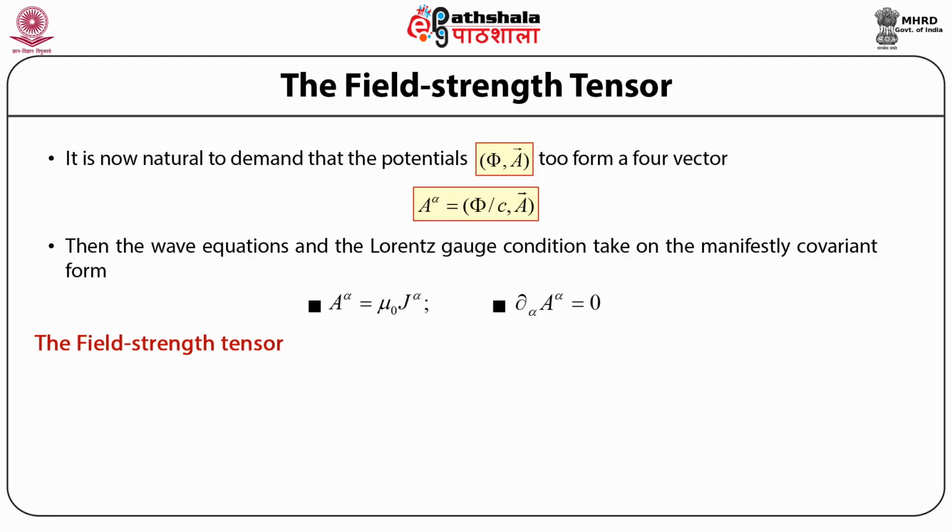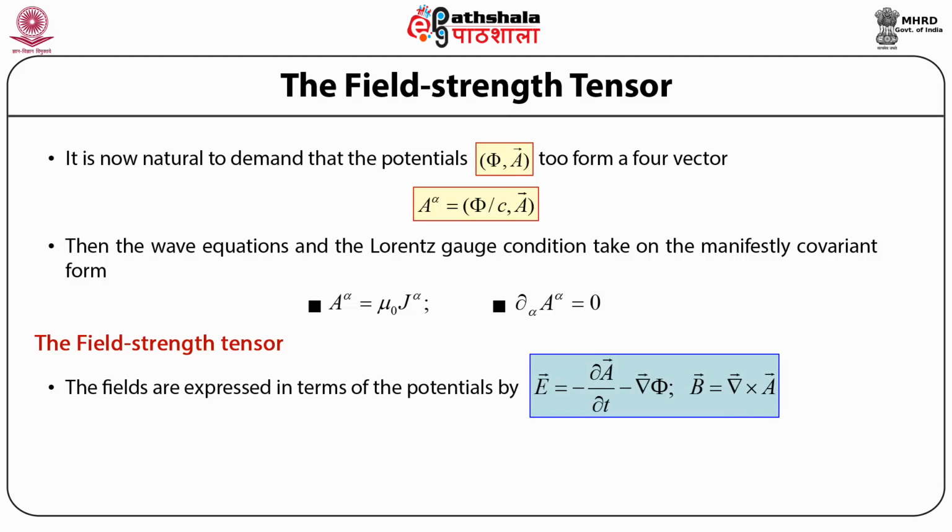This is where we need to very carefully understand that up till now, whatever we have discussed, we could express those quantities in terms of 4 vectors directly. So for example, we had the position coordinate 4 vector, the velocity 4 vector, the energy momentum 4 vector, the charge and current density 4 vector, and the scalar and vector potential 4 vector.